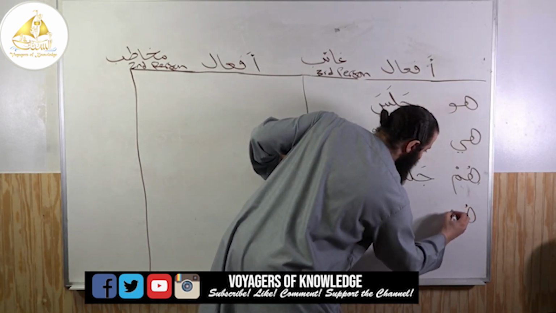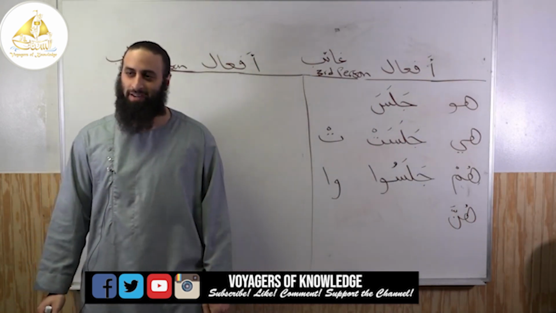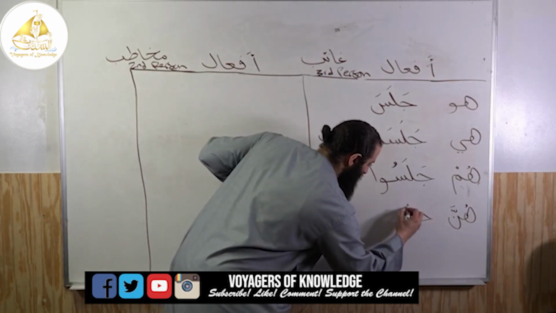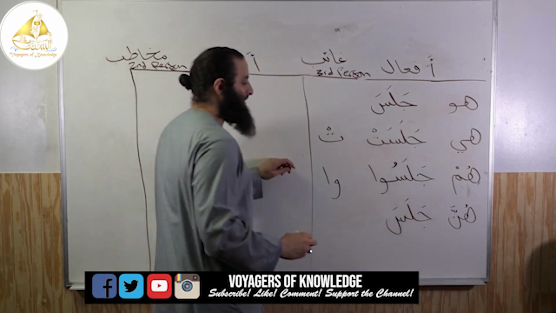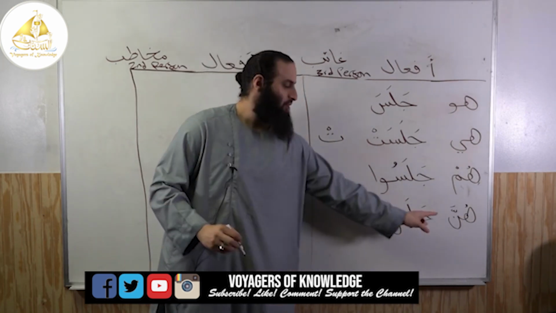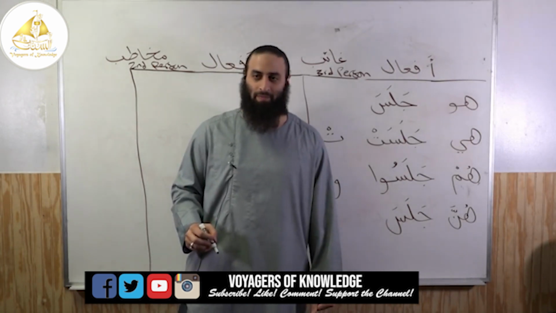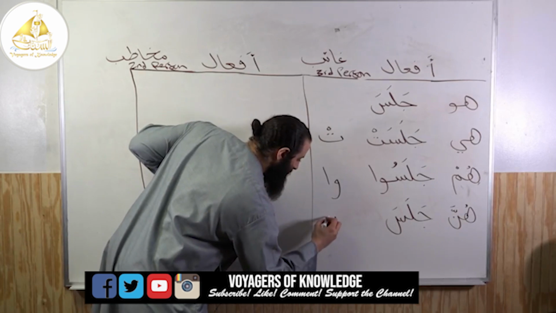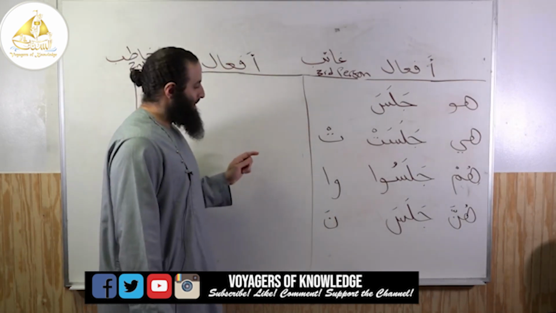Hunna. What do we add here on hunna? Now, let's take jalasa again in its original form. Do we say jalasahunna? No. It's not going to work. What we use is just a simple noon fatha, right?